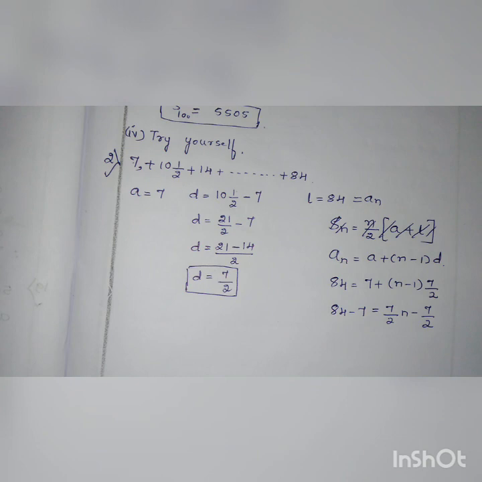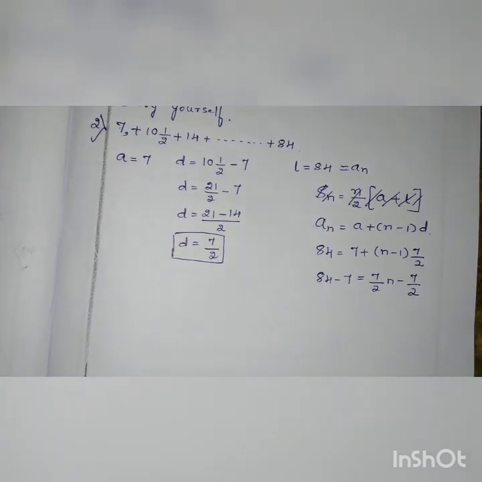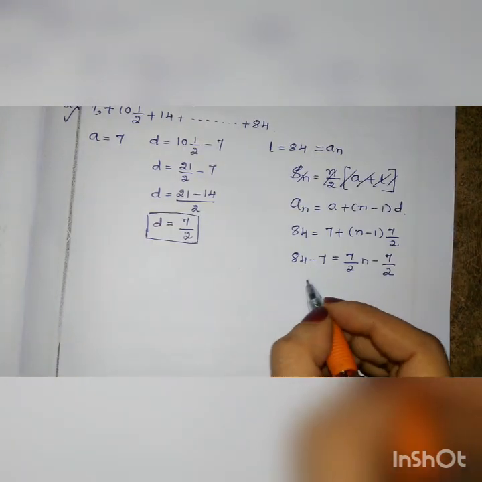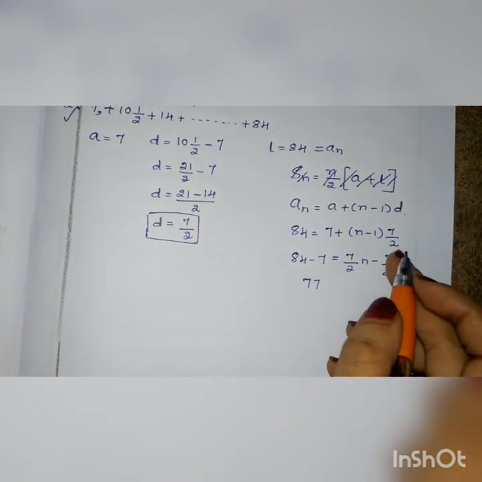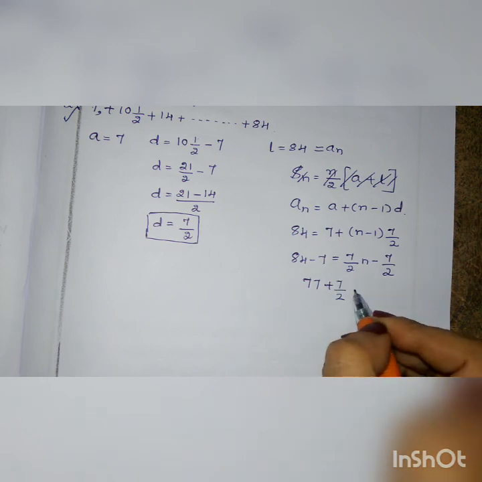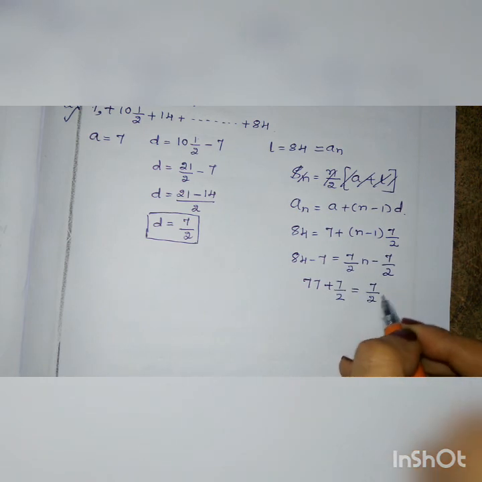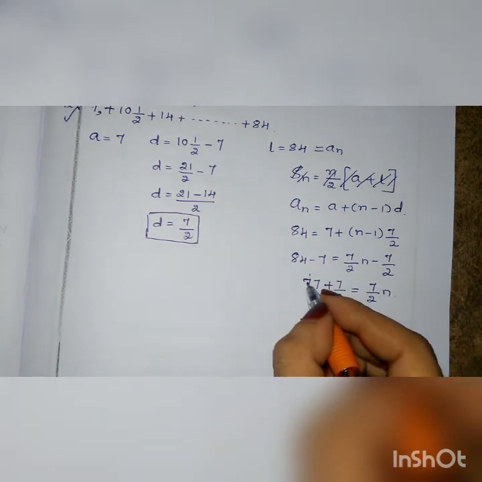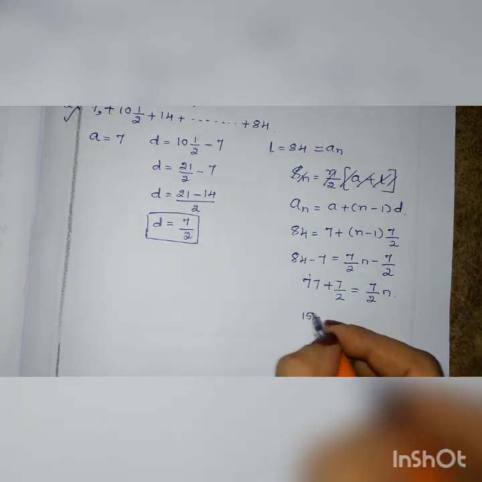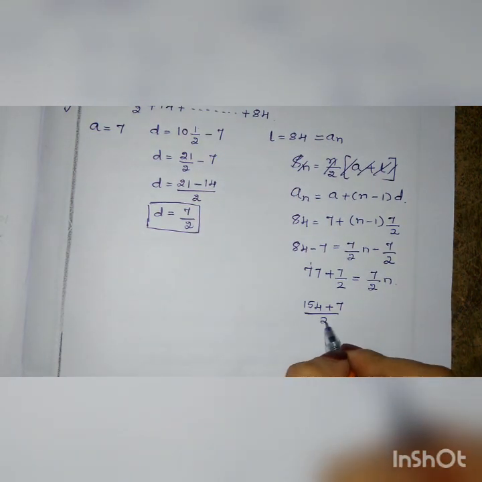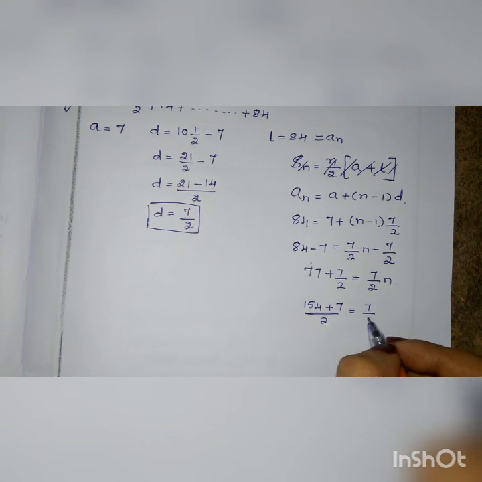Now we can see here. 84 minus 7 is 77. Now I will bring this 7 by 2 to this side. It becomes 77 plus 7 by 2 is equal to 7 by 2 n. 2 7s are 14, plus 1 is 15, so 154 plus 7 by 2 is equal to 7 by 2 n.